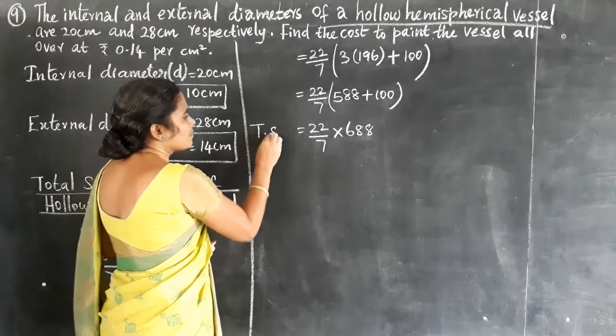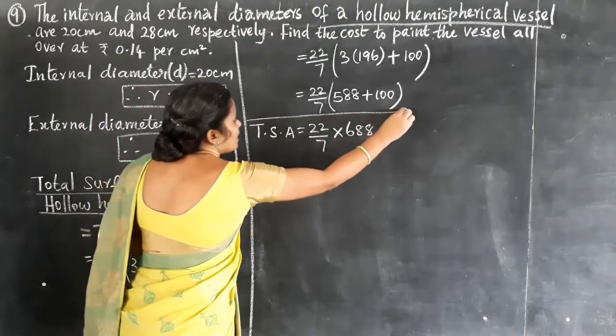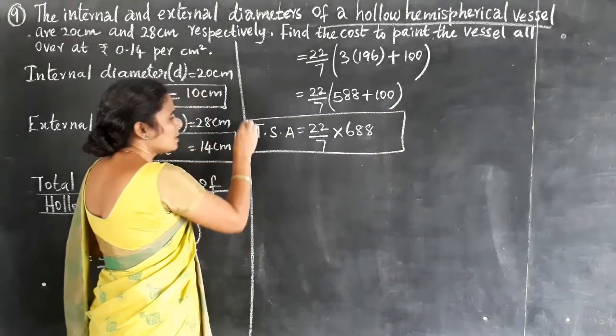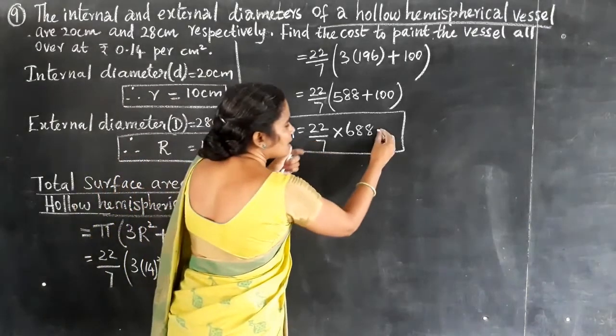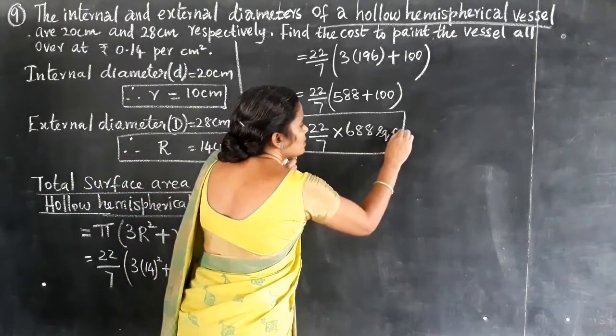So the TSA is equal to 22 by 7 into 688 square centimeter.